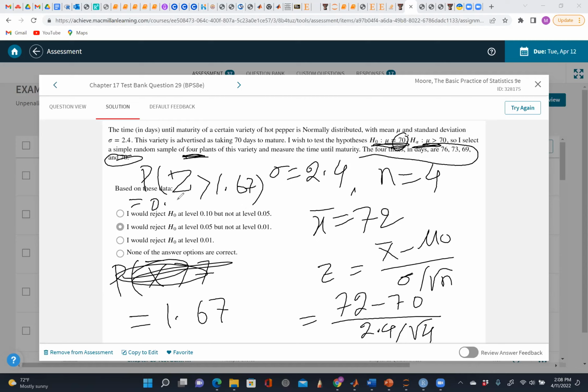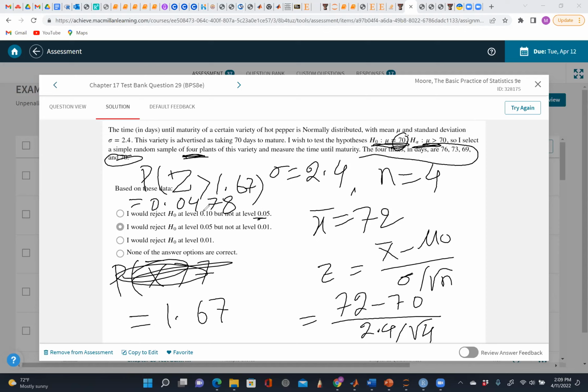So this is the p-value. Now we will compare this p-value with the alpha value. The first option is I would reject H0 at level 0.1, but not at level 0.05.